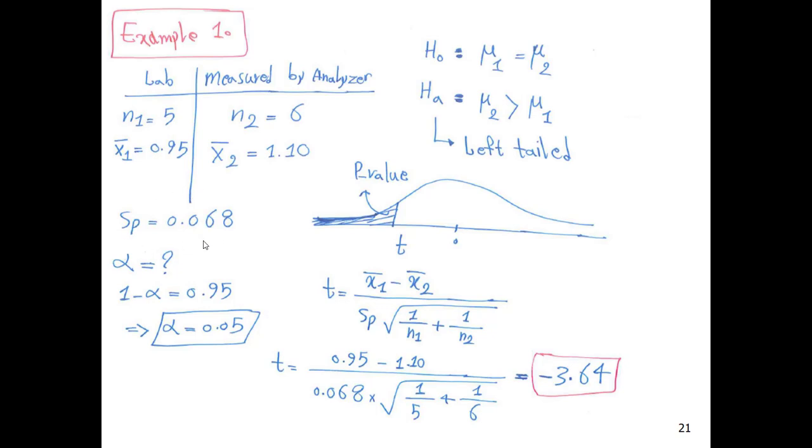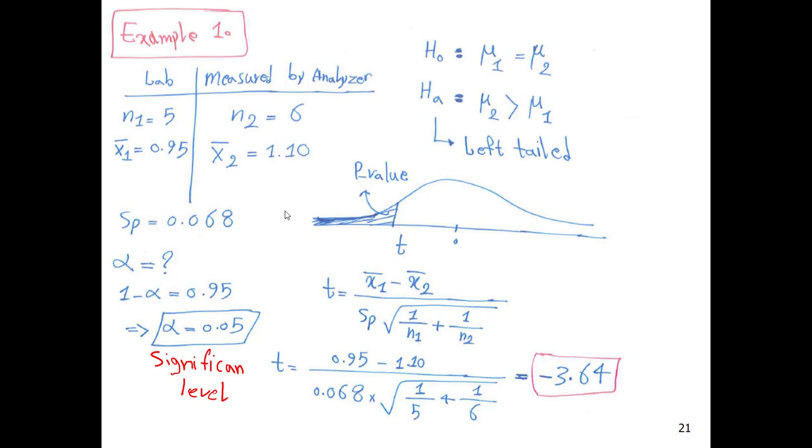So alpha: we have the confidence level, which is 1 minus alpha, given to you as 95% or 0.95, and alpha is the significance level. The significance level is 0.05.